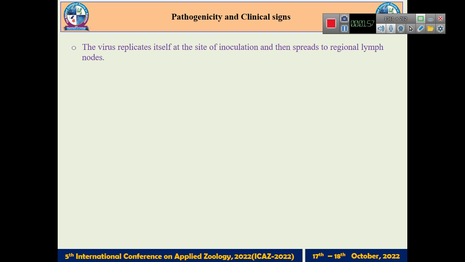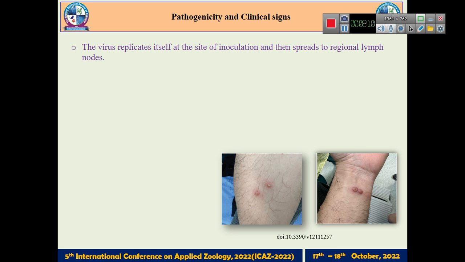Here we want to talk about pathogenicity and clinical signs. The virus replicates itself at the site of inoculation and then spreads to regional lymph nodes.